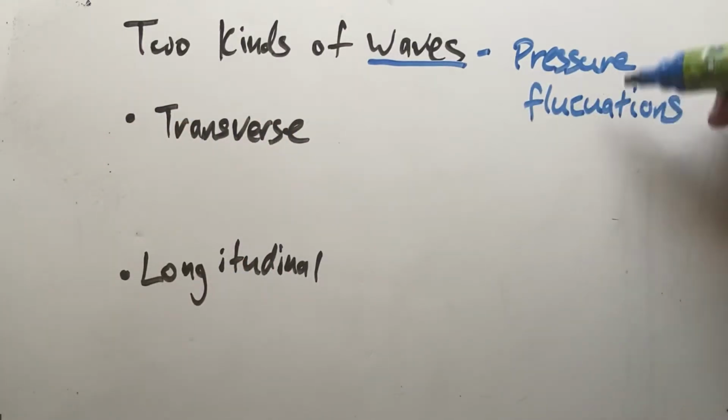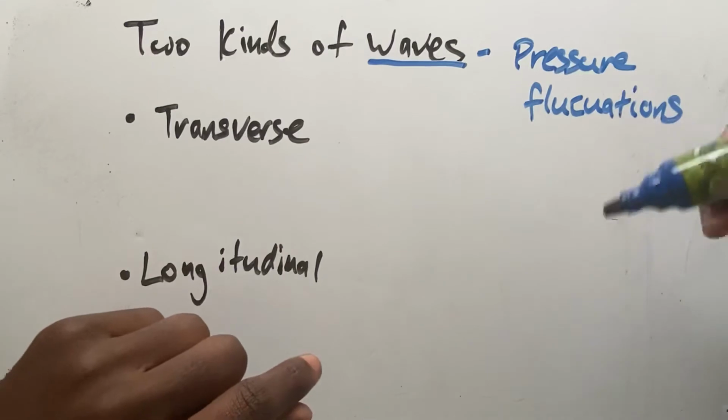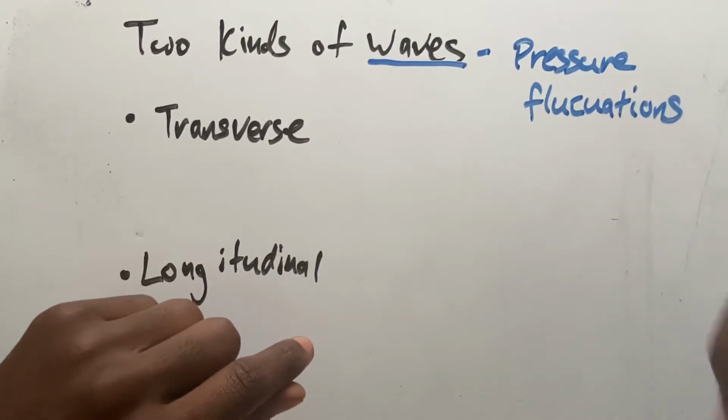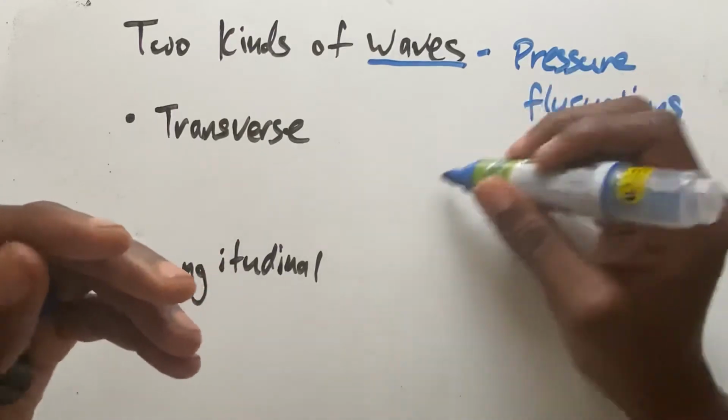Basically what I'm saying here is, if you imagine how sound works when you talk to a person, one, your vocal cords are vibrating, and then once your vocal cords vibrate, they produce some wave in the air, right?